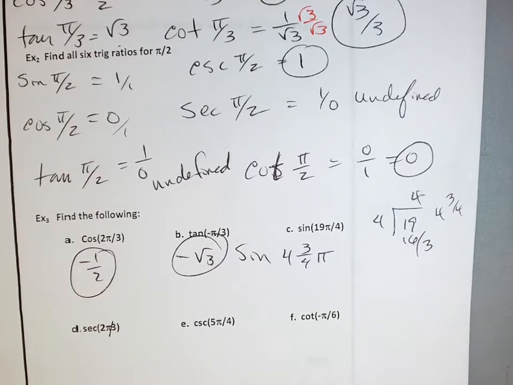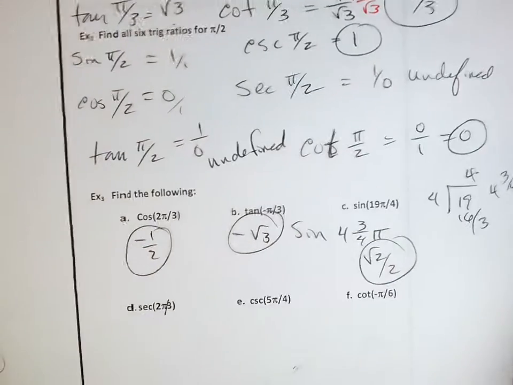Okay, now, this is easy. Watch. 1 pi, 2 pi, 3 pi, 4 pi, 3/4 pi to 3. Right here, what's the sine value? Negative square root 2 over 2. So it should be negative square root 2 over 2.